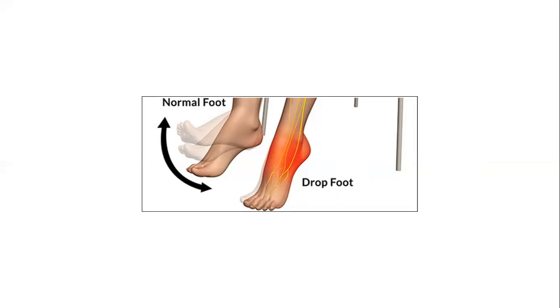Next condition, which is commonly associated with the sciatic nerve, is called sciatica. So sciatica is basically defined as pain that is felt along the sensory distribution of the sciatic nerve. Causes of sciatica often include prolapsed intervertebral disc involving one or more roots, leading to compression of the sciatic nerve.